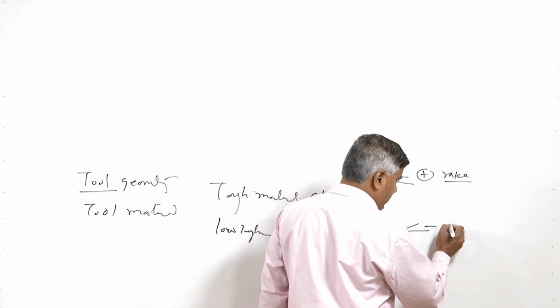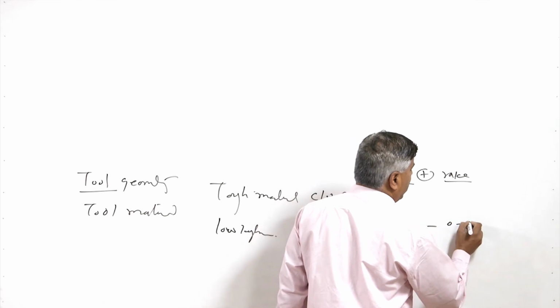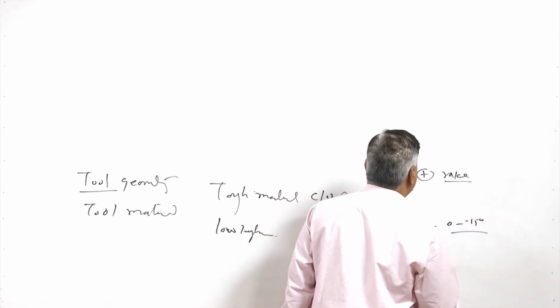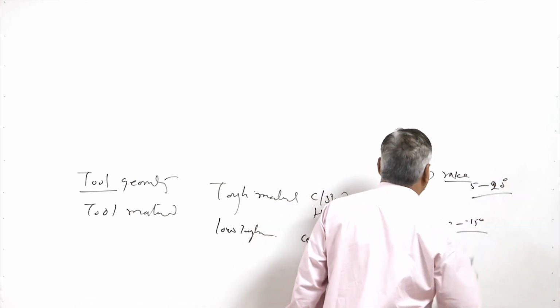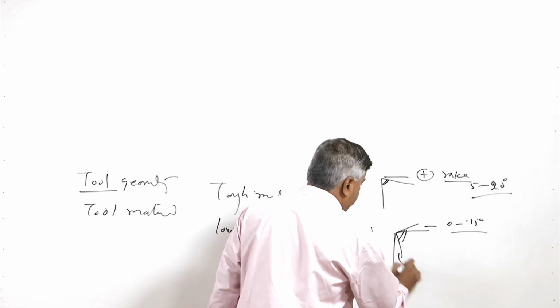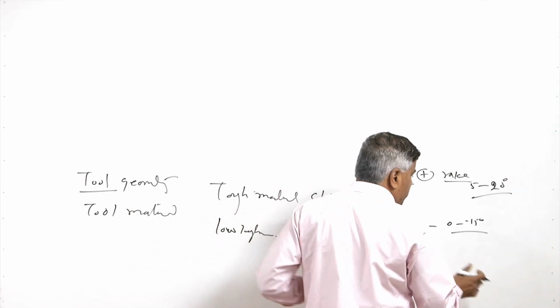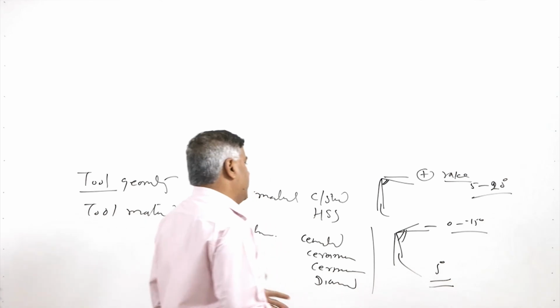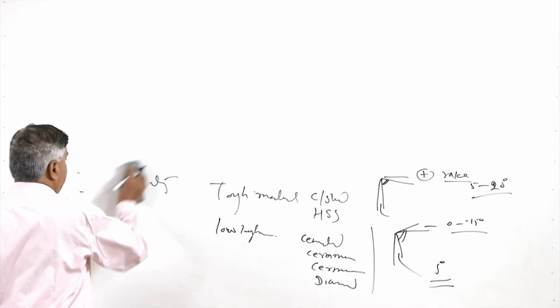Negative rake can vary from 0 to minus 15 degrees, while positive rake is normally 5 to 20 degree. On the other hand the clearance in both the cases is 5 degrees, so that rubbing of the tool or insert with the workpiece can be avoided.